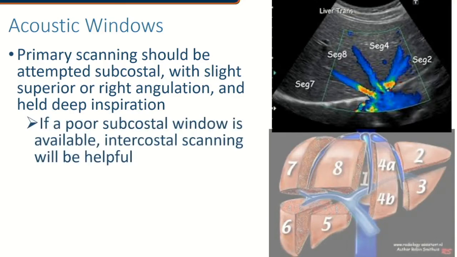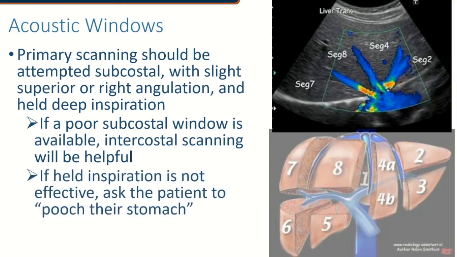Now, sometimes subcostal scanning is not suitable. Sometimes it has to do with the lie of the liver, body habitus, and in those cases you may need to scan intercostally. Be aware that in those cases you're going to have much more shadowing from those rib interfaces.